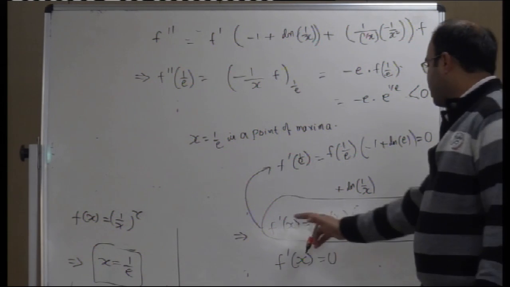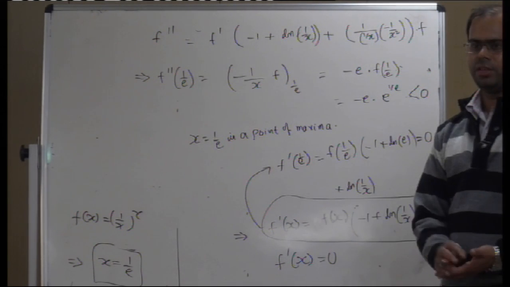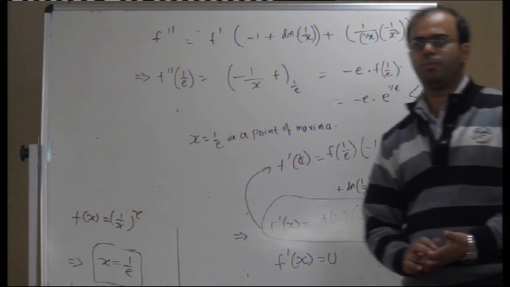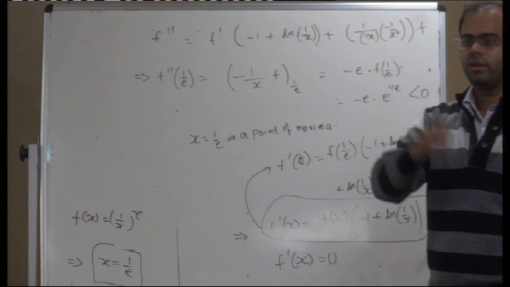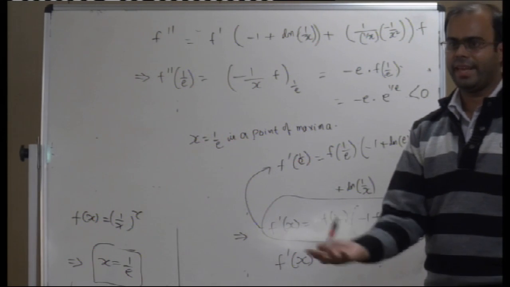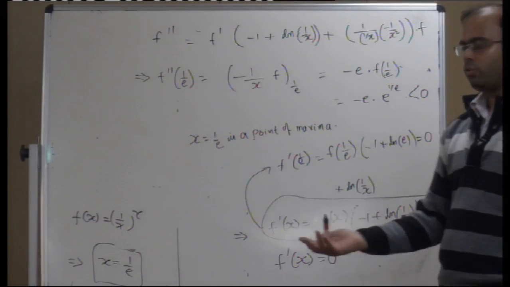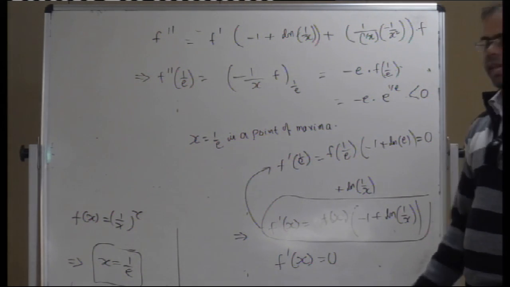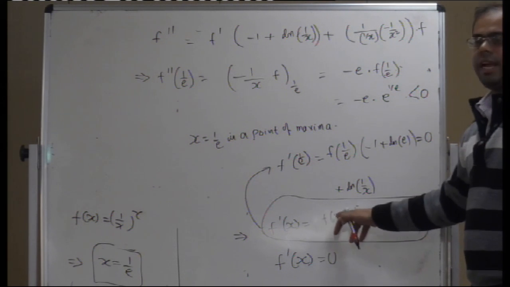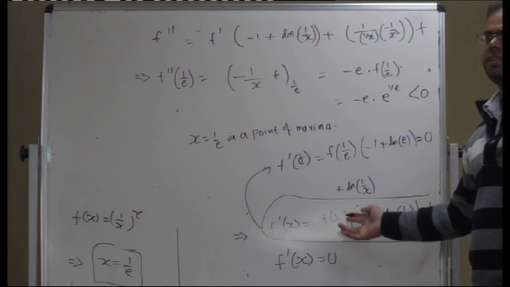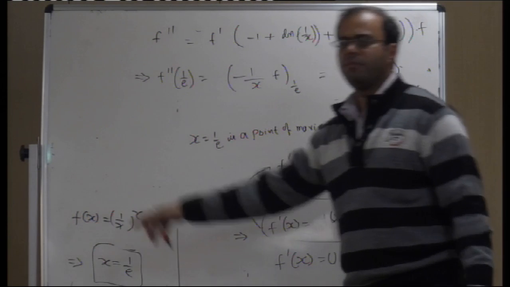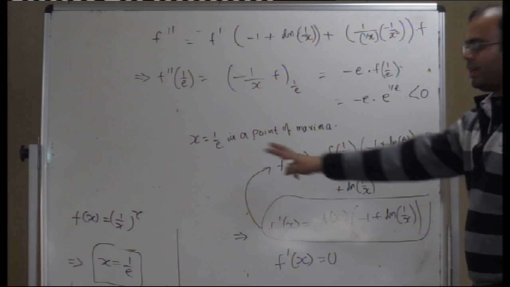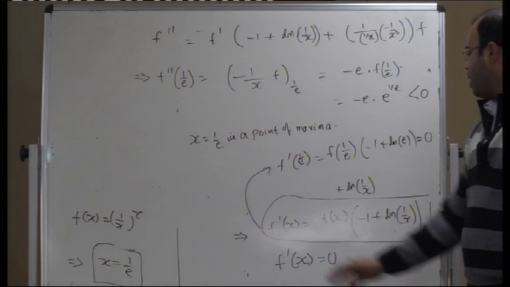So suppose you put a value less than 1 by e, 1 by e is roughly 2.712, so 1 by 2.712 se jo chhoti value hogi, roughly 0.25, we can take it like that. When you take 0.25 here, that won't affect the sign because it is f of x, 1 by x ki power x, which is exponential and cannot be negative in any case. So wherever it is in its domain, it is positive.